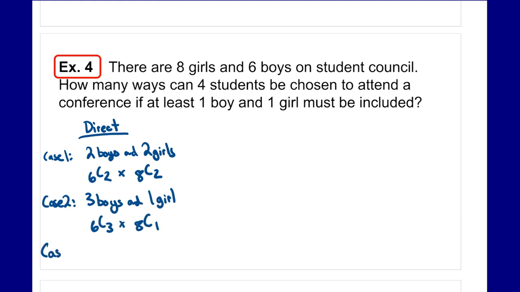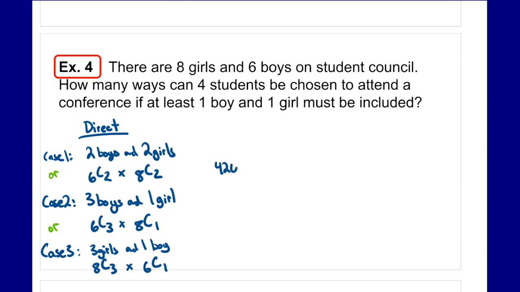Or we have case 3, 3 girls and 1 boy, so 8 choose 3 times 6 choose 1. Because it could be any one of these cases, we would be adding these up.